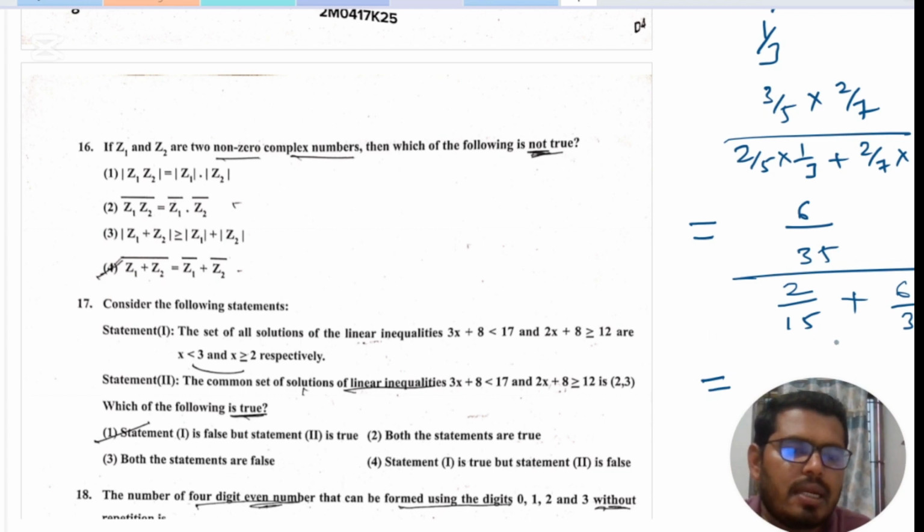Then what we get here, 6 divided by 35 divided by 70 plus 90 divided by 15 into 35.